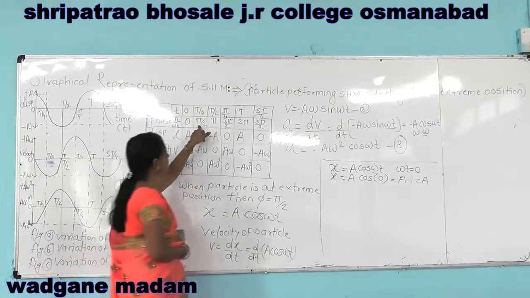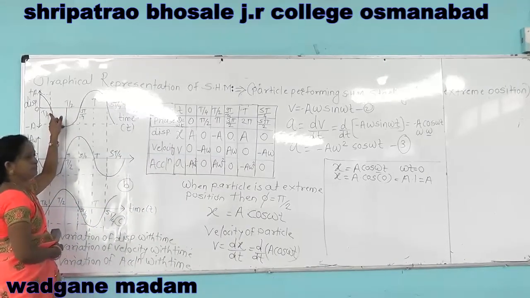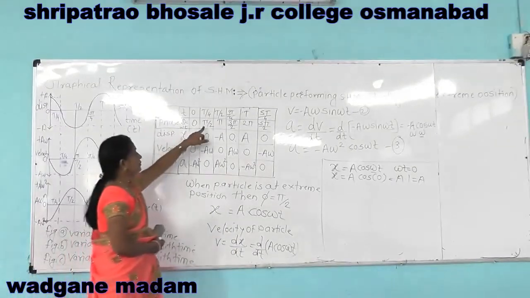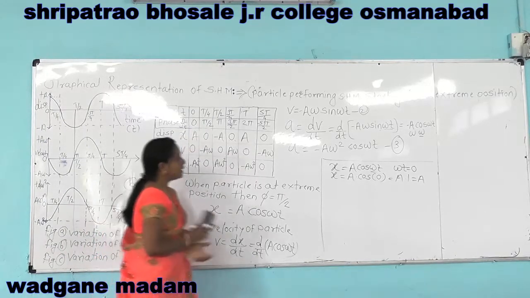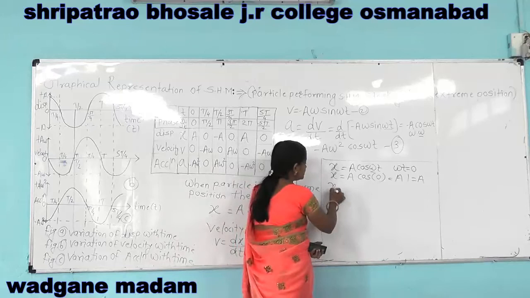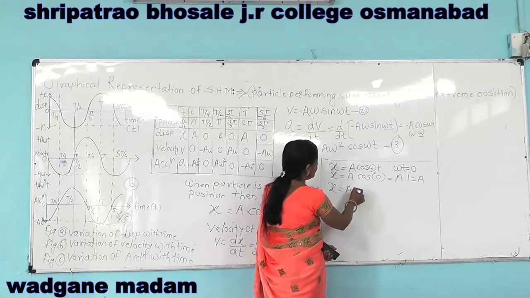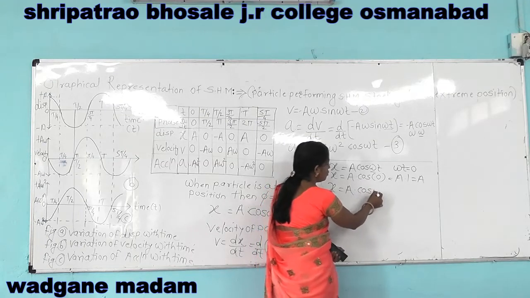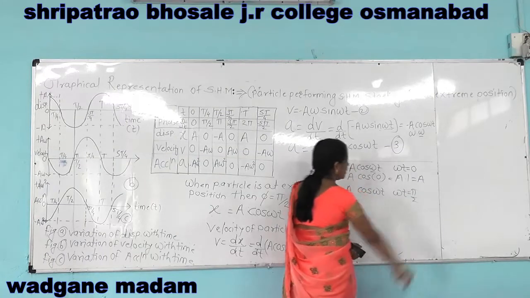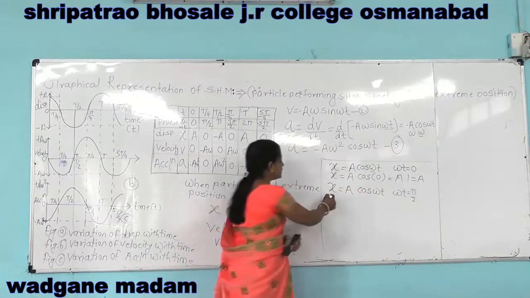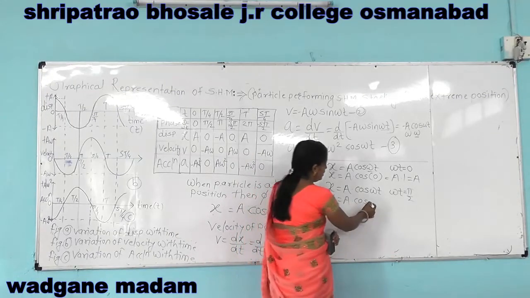After that, when the time interval becomes T by 4, the phase is pi by 2. Then we can consider x is equal to a cos of omega t, where omega t is equal to pi by 2. Here x is equal to a cos of pi by 2.